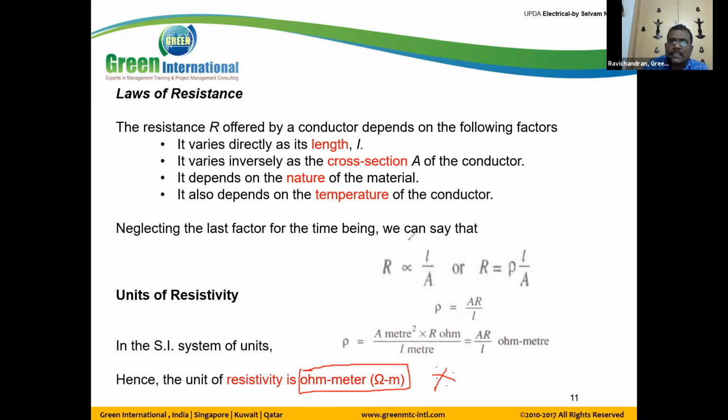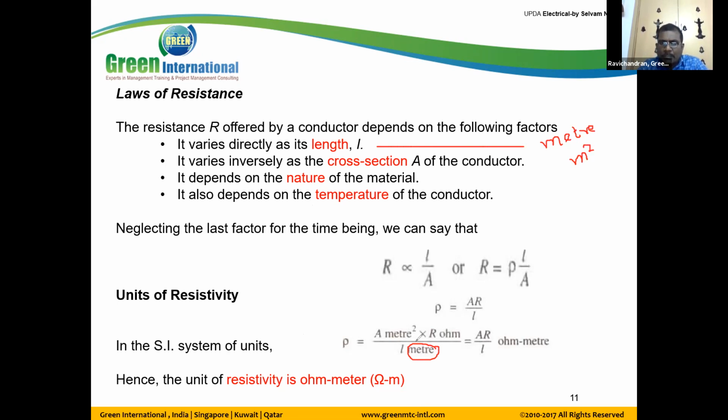Another important thing, we are following the SI system, that is SI units. So the unit for length is the meter. The SI unit for area is meter square.